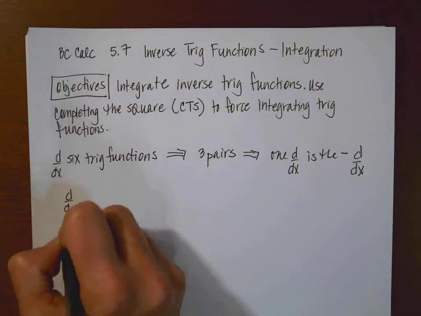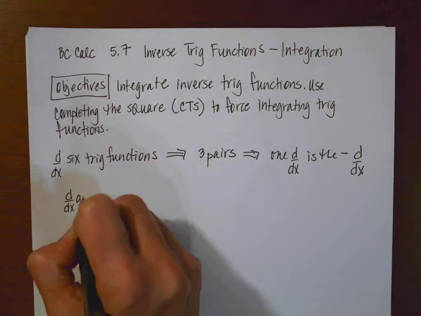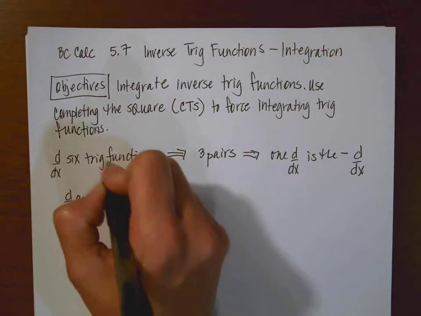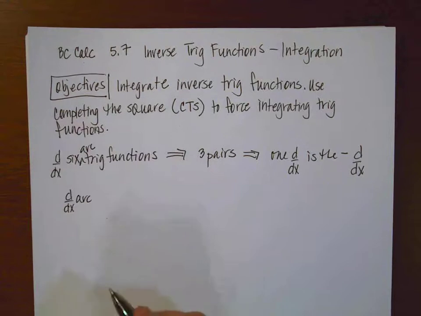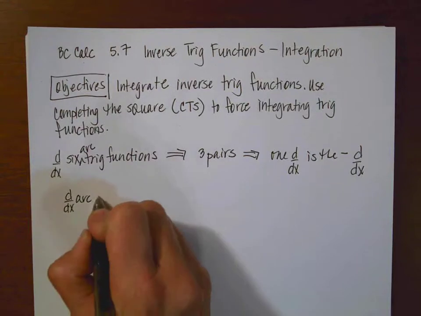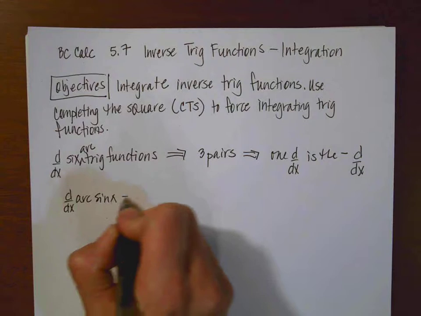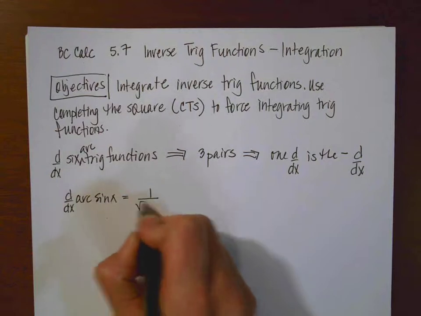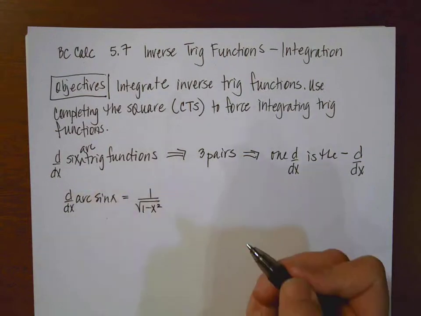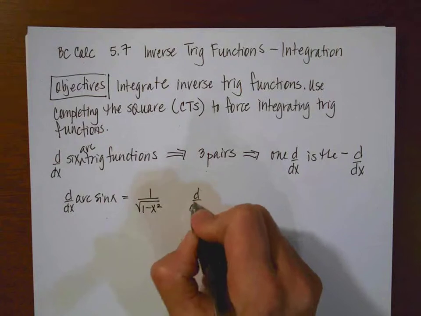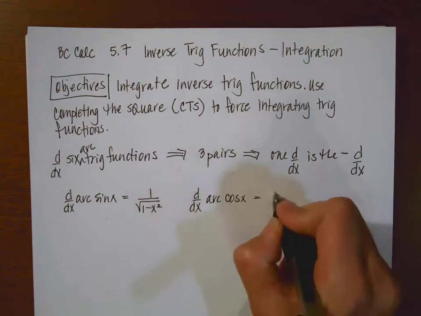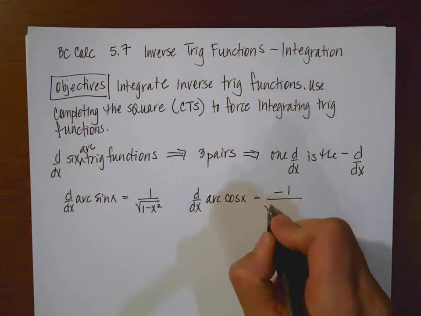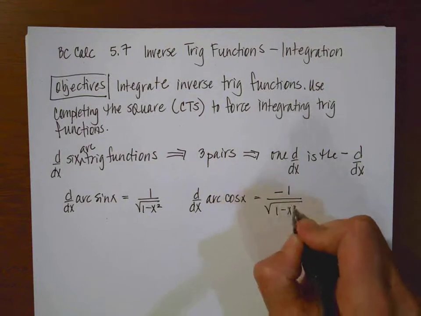So for example, and these are our six arc trig functions, the derivative of the arc sine of x is 1 over the square root of 1 minus x squared. Then the derivative of the arc cosine of x is a negative 1 over the square root of 1 minus x squared.